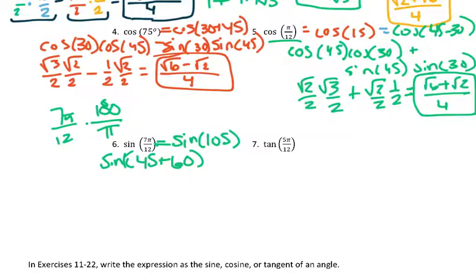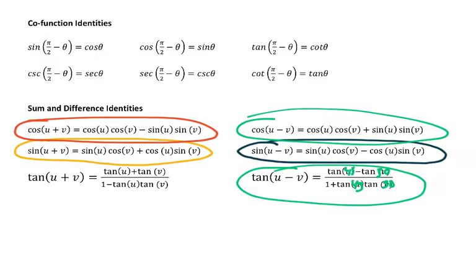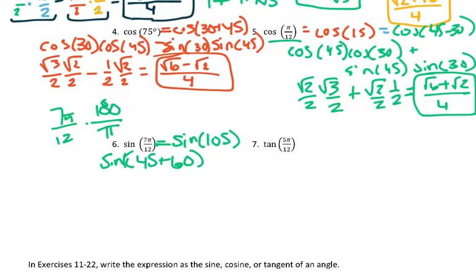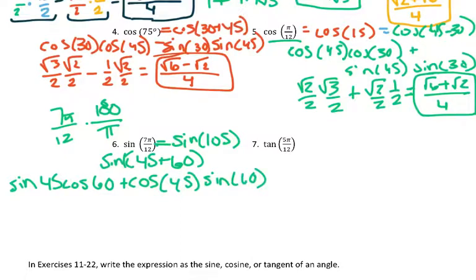So going to our sine equation of addition, we're going to have sine of u, so 45, times cosine of 60, and then that's going to add with cosine of 45 times sine of 60. So you kind of switch which one is in there.